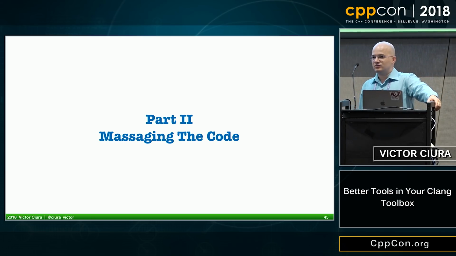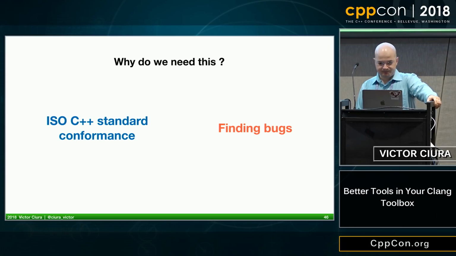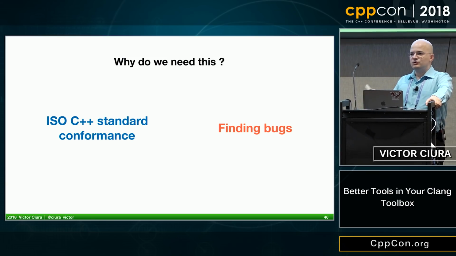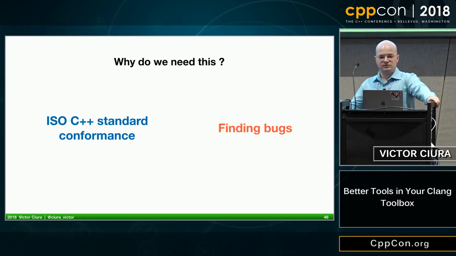So the second part of my story is about massaging the code. And basically, you do this for two purposes. One, I mentioned earlier, is that you do want standards conformance, even if you're not doing any cross-platform or cross-tool compilation.